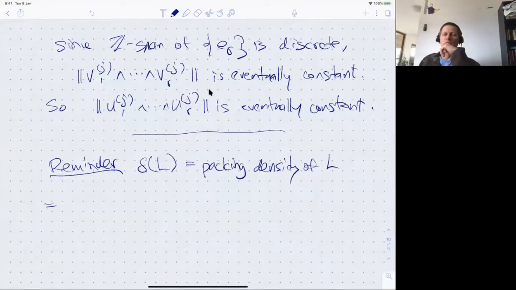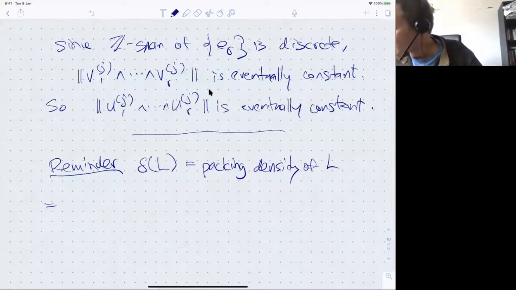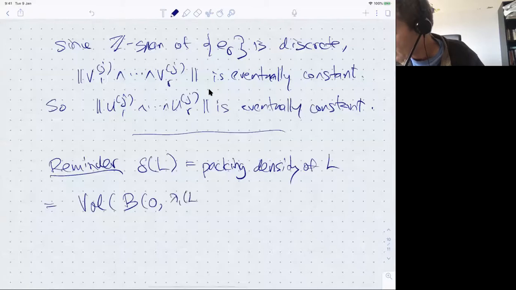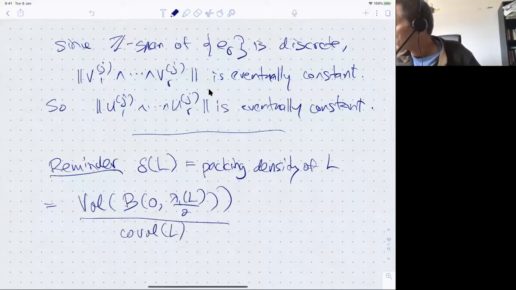In words, it's the proportion of space that you can fill up with balls which are disjoint and centered at the lattice points. And what this comes out to be is the volume of the ball whose radius is lambda 1 of L over 2, divided by the co-volume of L.